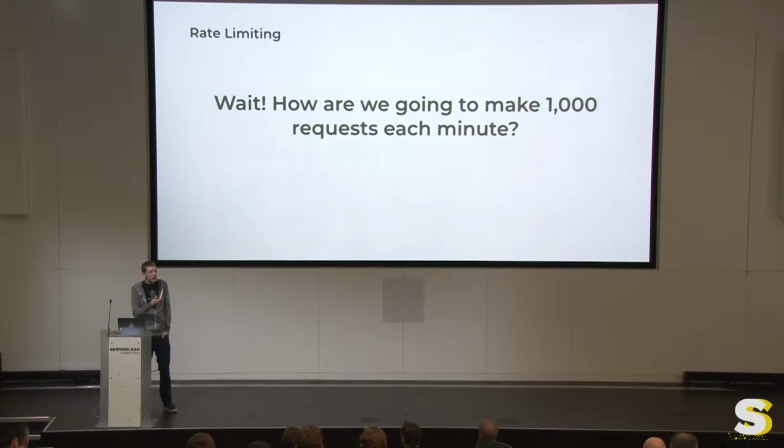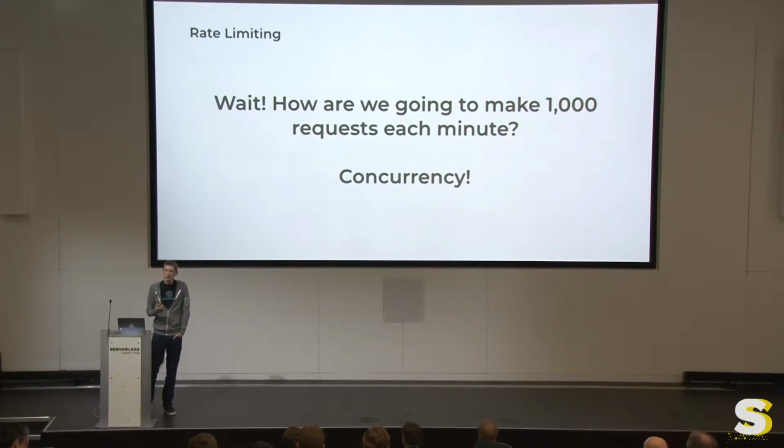But how are we going to make sure that we make 1,000 web requests every minute? We're going to need some amount of concurrency, because a given Lambda function is not going to be able to create 1,000 network requests in a minute.